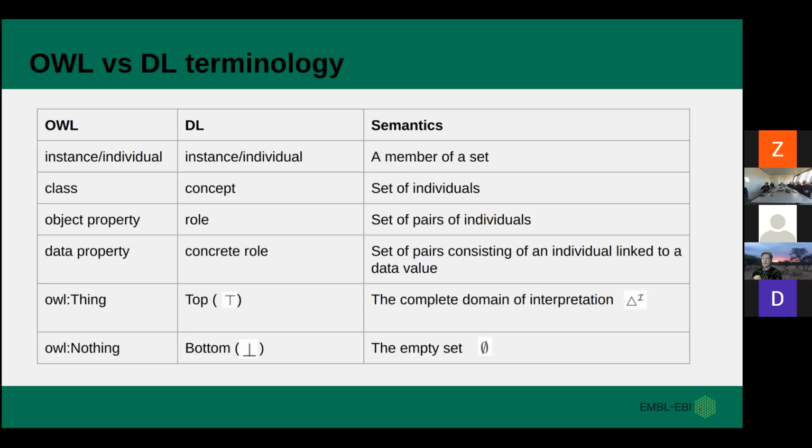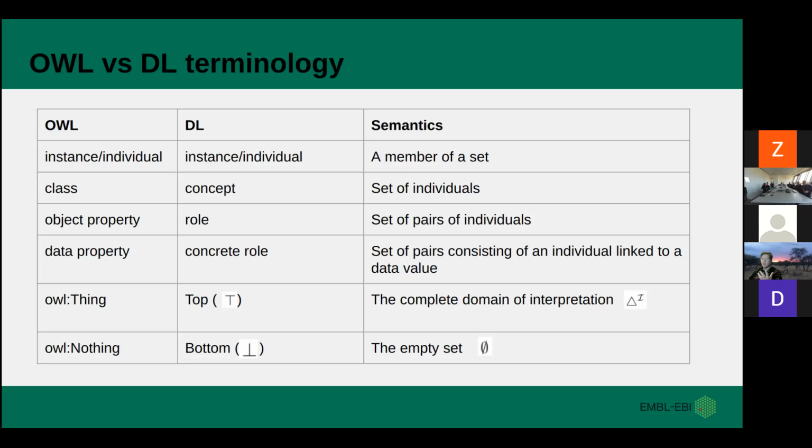Data properties are where you have an individual linked to a data value, and you've got pairs of these, and that's your set. So that would be a data property, and that is referred to in description logic as a concrete role.